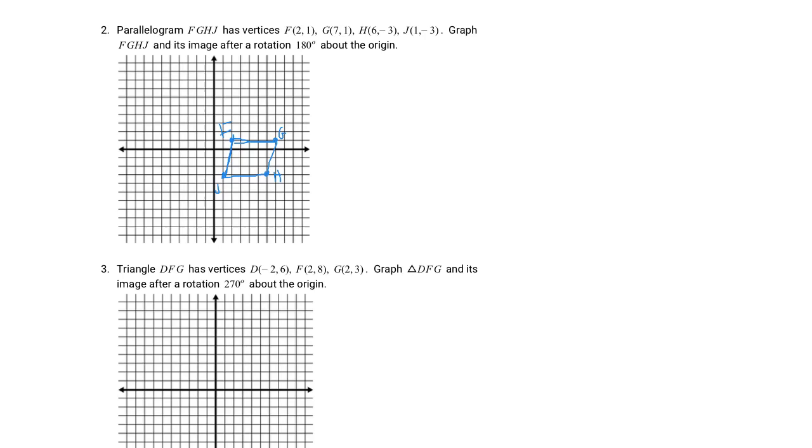Now we want to graph it after its rotation of 180 degrees about the origin. That means we're still going to be going counterclockwise, or we could go clockwise. It doesn't matter, but we're going to continue to choose counterclockwise because they're all going to be that way. This one, we start out with (x, y), and it's going to go to (negative x, negative y).